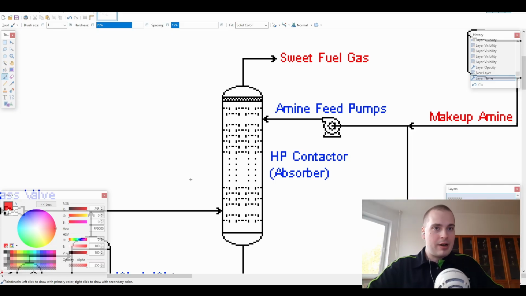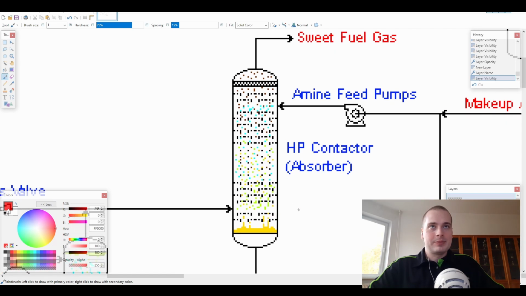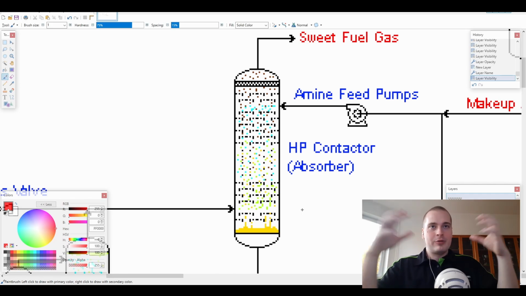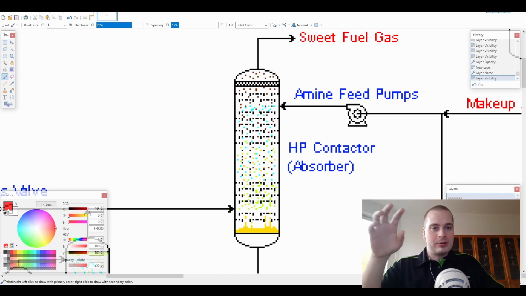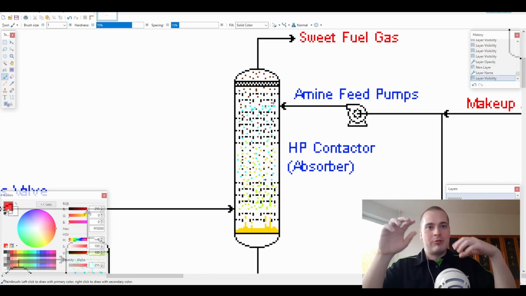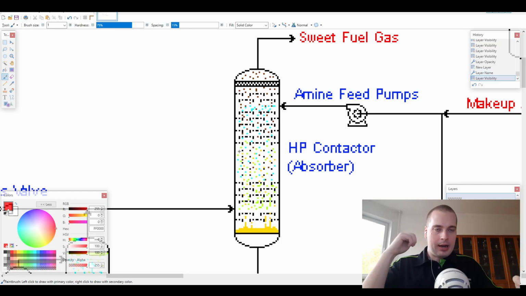I actually completely forgot, I have some effects here I can show you that I also made. Well, it's not really effects, but it's some more colors. If you were to imagine inside of the vessel, what enters is these little green dots, which is your acid gas, and from the top you have amine, which I decided to use blue. As they interact, the hydrogen sulfide gets absorbed from the acid gas.